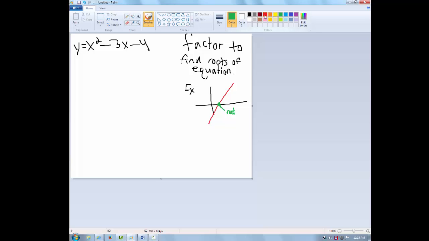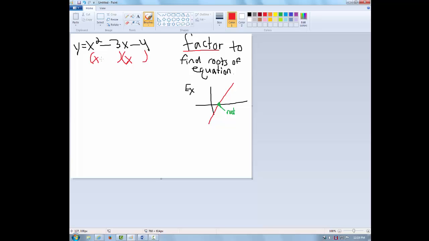The first way to find the zero is factoring the equation, and you guys know how to factor, so you'll factor this into two of these, and then it'll be x and x, and from here the sum of these needs to be -3.